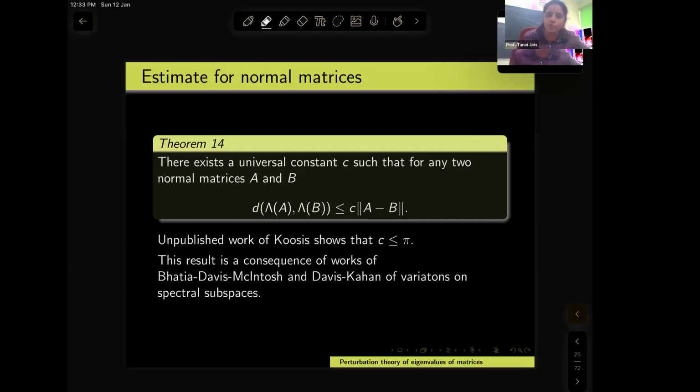And that is a more difficult problem. But this inequality that we are seeing here actually comes as a consequence of the work of Bhatia, Davis, McIntosh, Davis, Kahan on the perturbation of eigenspaces.